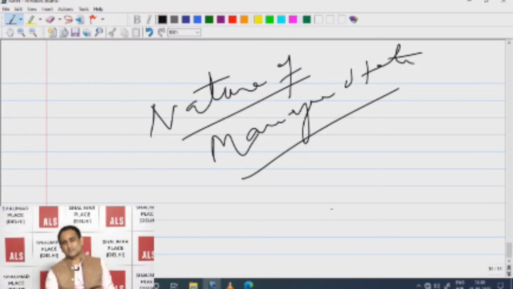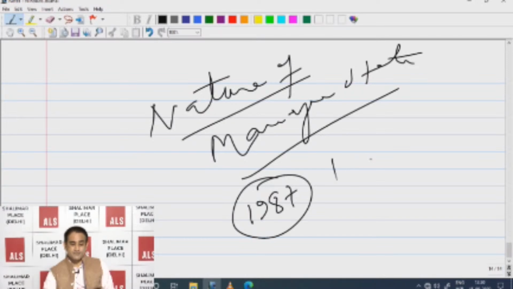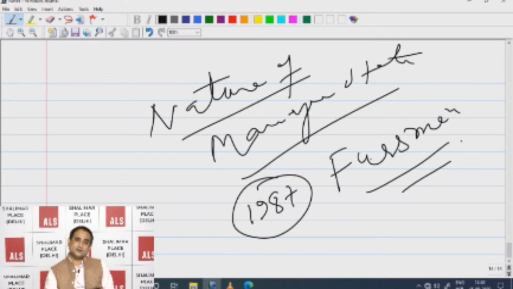We must know the Arthashastra model of the Mauryan state. We must know what Romila Thapar said about the Mauryan state, her centralizing or decentralizing model, and how she revisited her approach. And then we must know the 1987 thesis of Fussman. So when you know historical writing, historical development, historical debate, it is easy to handle.